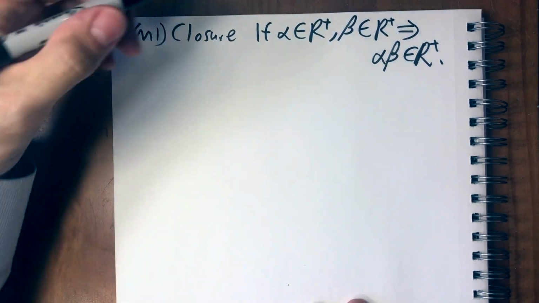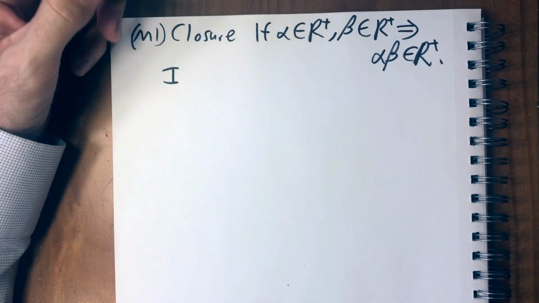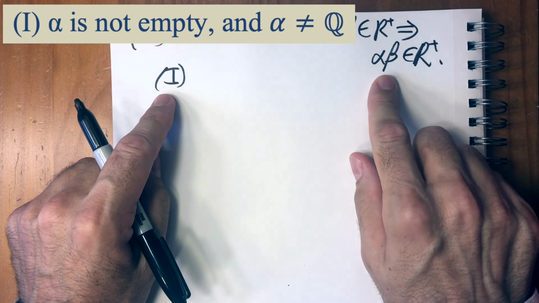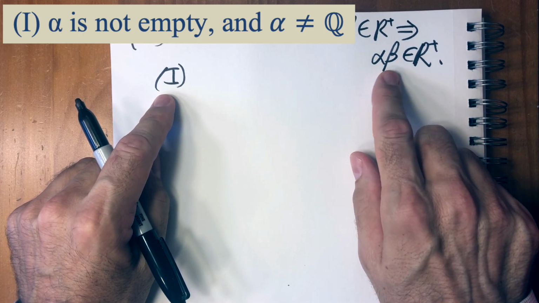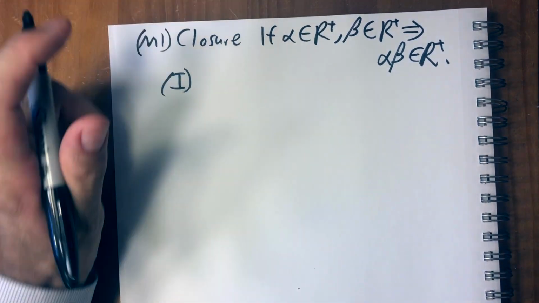There are three properties of cuts, so we just have to establish that each one of them is true. The first one is that alpha beta, the set of rationals, is not empty and it's not all of the rationals.